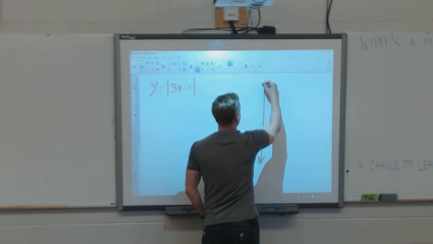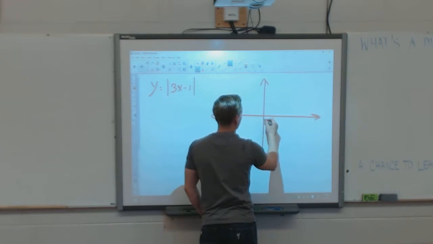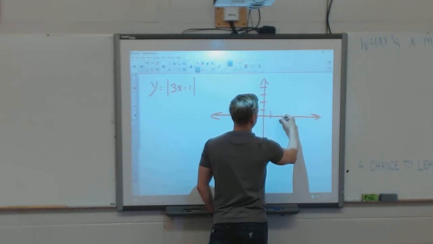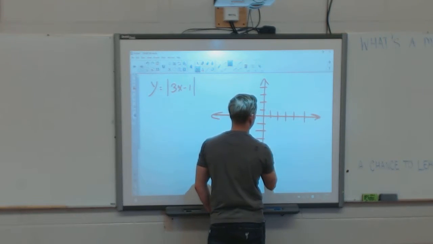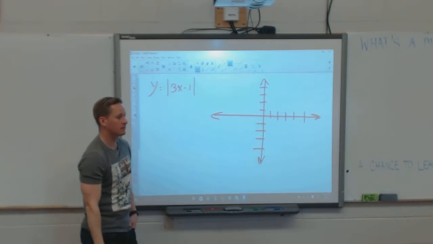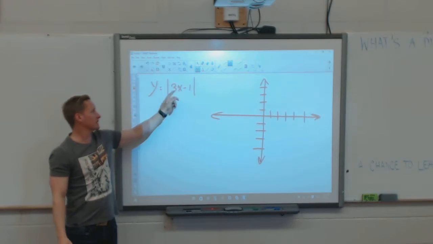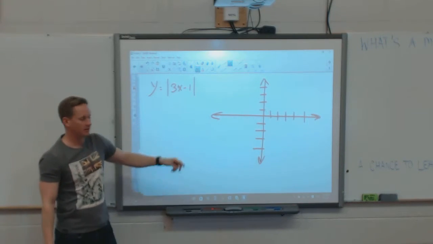I have a line in which my y-intercept is what? What's the y-intercept of that line? Y equals mx plus b. So what's the y-intercept? -1.